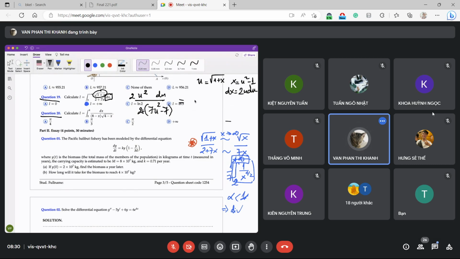Okay, so it equals the integral of 2u squared du over 7u squared minus 5. Class, please check it. When x equals 0, u equals 1. When x is infinity, u is infinity. Okay, class? Class, yes or no?